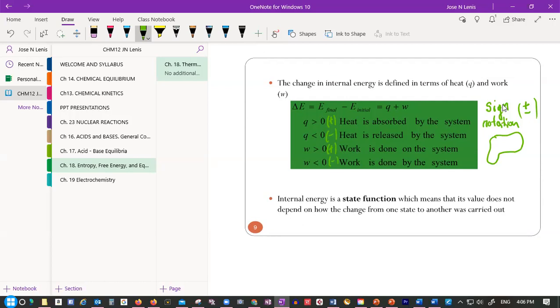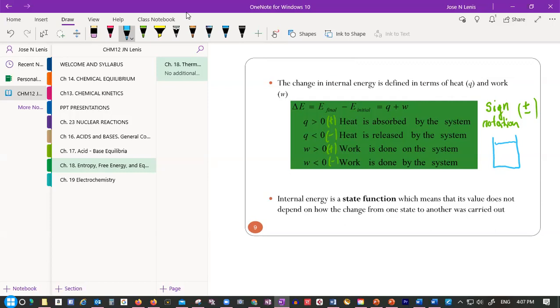Remember, your system can be a beaker. You choose the borders of your system. You say, okay, I'm going to study this system, and this system is a beaker with an aqueous solution. So you decide the limits of your system, and then you observe the direction of the process.